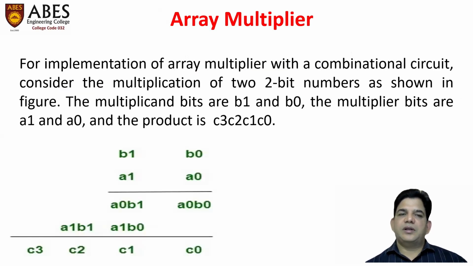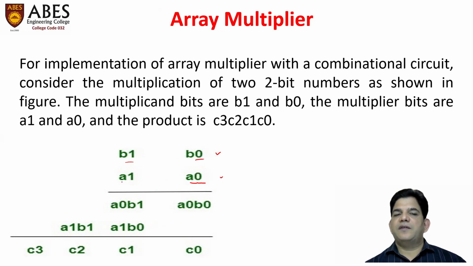So let's take an example here. Let's say we have 2-bit numbers, the first is A1, A0, and the second is B1, B0. When we have to perform the multiplication, first multiply A0 with the 2 bits of the second operand, so we perform A0 B0, and then A0 B1, and then perform a one-position left shift.